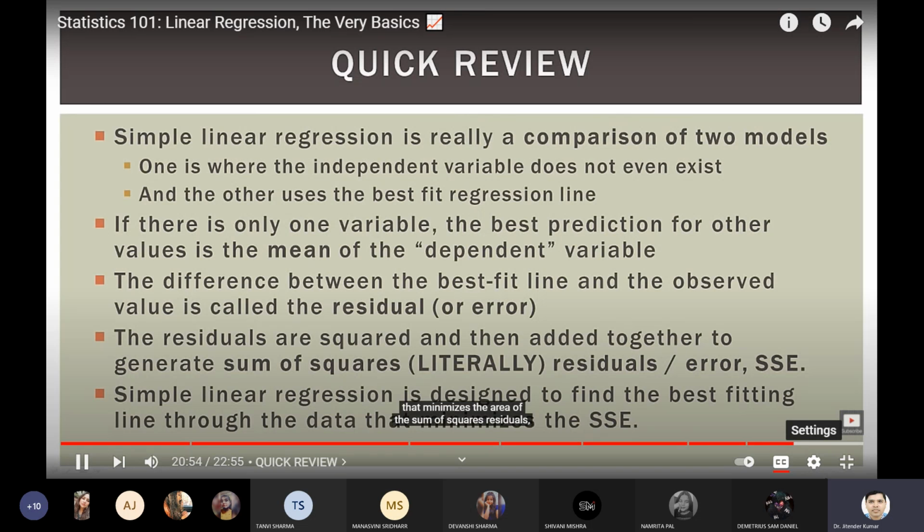And actually through calculus, it is the best fitting line. I'm not going to go into the calculus behind that, but you're just going to have to trust me on faith that when we come up with a best fit line in simple linear regression, that literally is the best fit line that reduces the SSE.